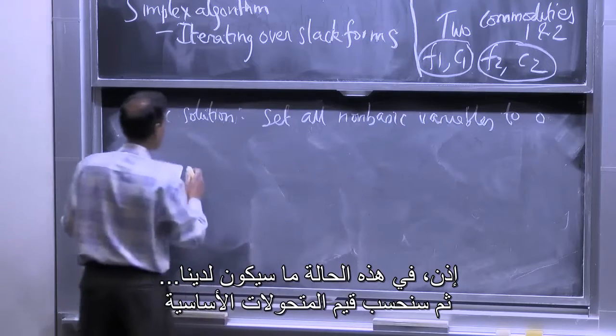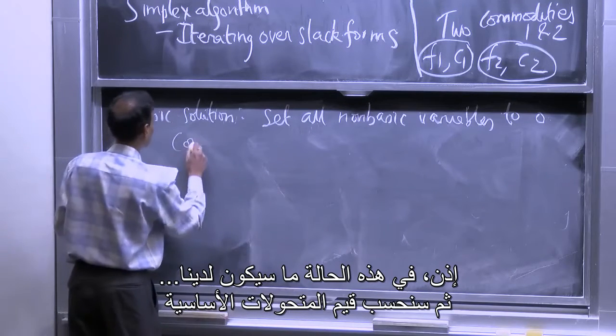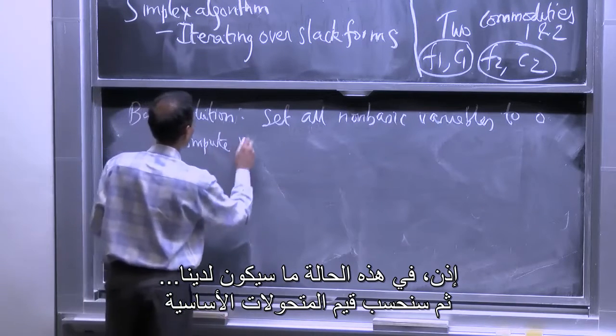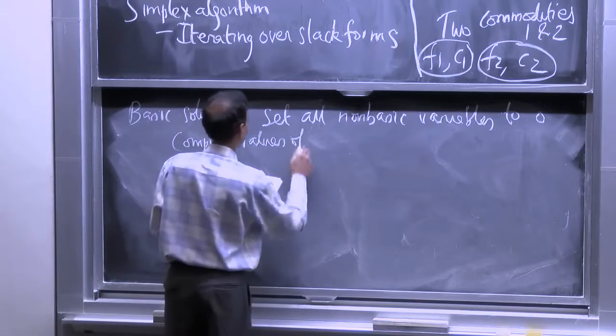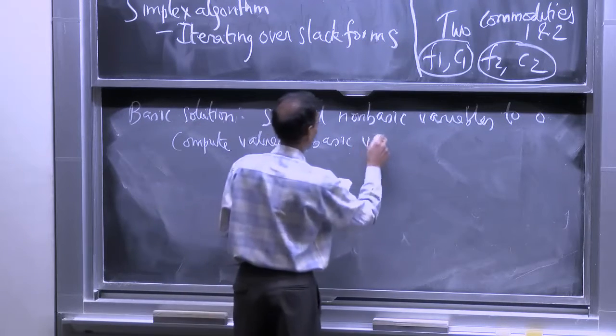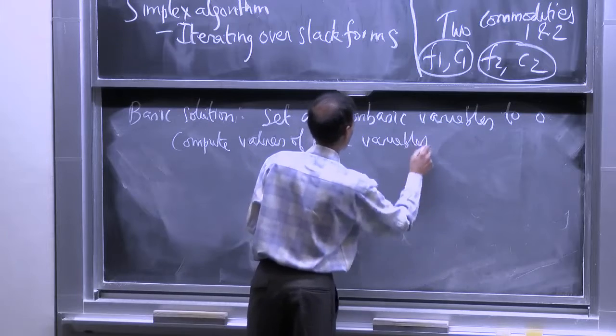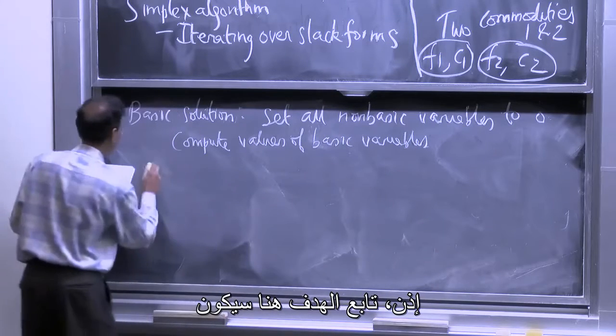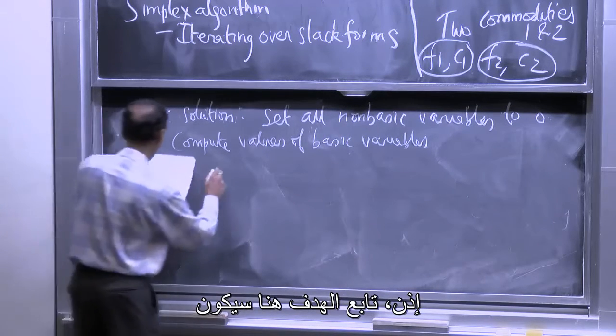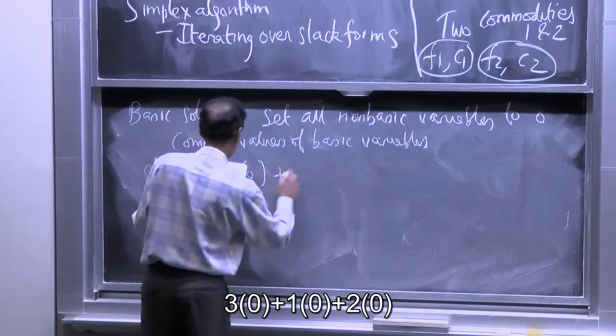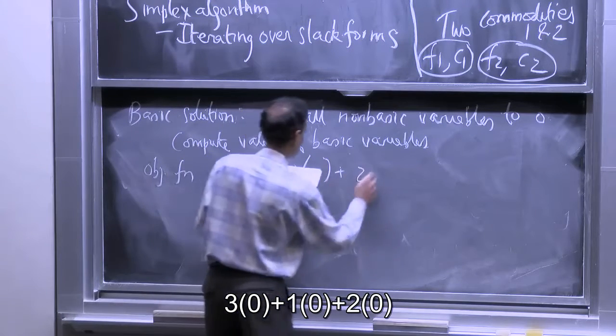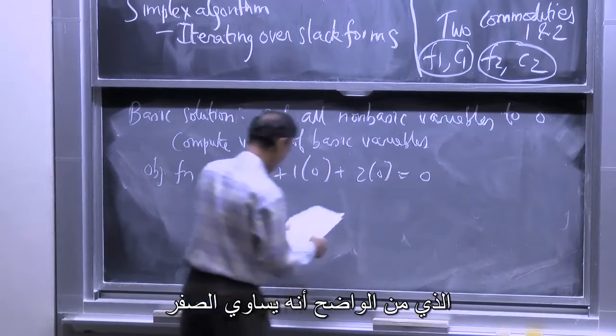And then we compute values of the basic variables. So our objective function here is going to be 3 times 0 plus 1 times 0 plus 1 times 0, which is obviously 0.